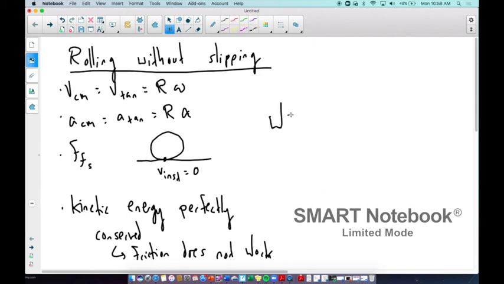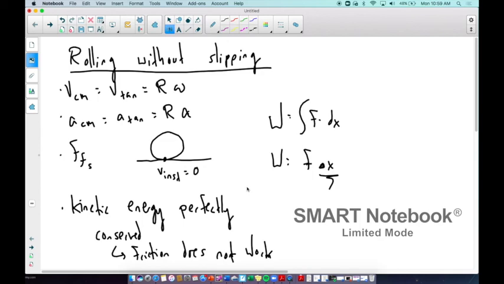Remember that work is defined as force F dot dx. That's the general term if these things are constant. It's just the net force times delta x. Well, my frictional force is really not acting over any distance. It's only acting at a certain point, right? So friction is not doing work to sap any energy away. So my kinetic energy is perfectly conserved. That will be important a little bit later. So all this is true for rolling without slipping.